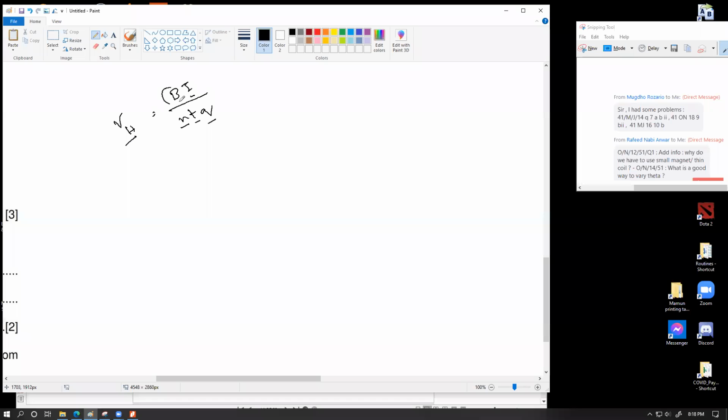So VH versus B is typically proportional. If you have a high magnetic flux density, you're going to have a high voltage. If you have a low magnetic flux density, you're going to have a low voltage. So VH is proportional to B. VH is not proportional to delta B.